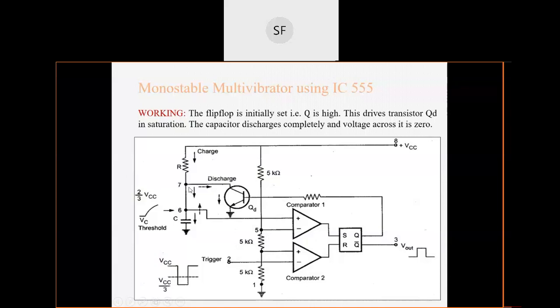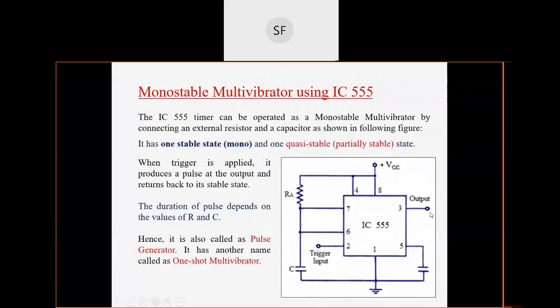The only change you have to make in the basic block diagram is this. See here, this resistor is connected. We have connected this resistor between pin 7 and pin 8. So this external resistor is connected between pin number 7 and pin number 8.